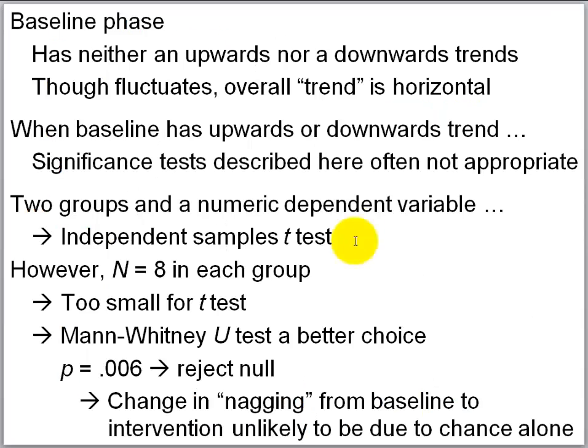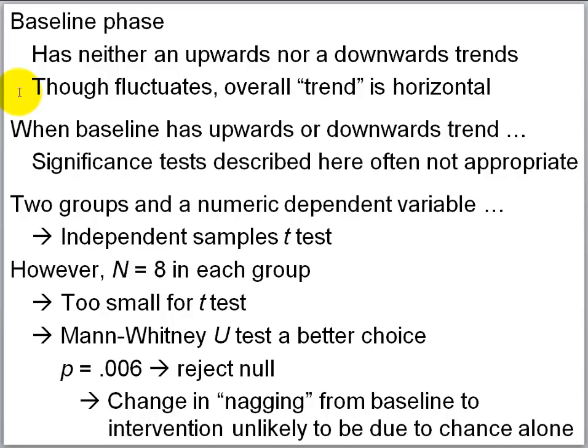Now, though the baseline phase went up and down a lot in the prior slide, that is to say, though it fluctuates considerably, the overall trend was the absence of a trend. In other words, if you drew a line through the dots of the baseline phase, that line would be roughly horizontal.